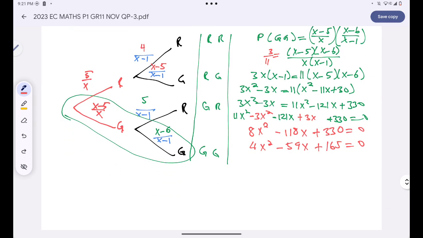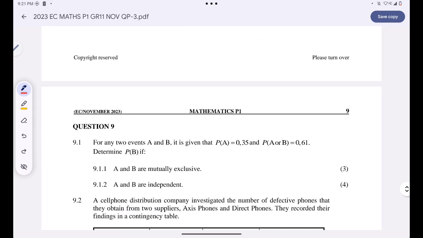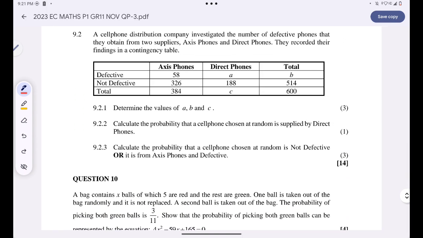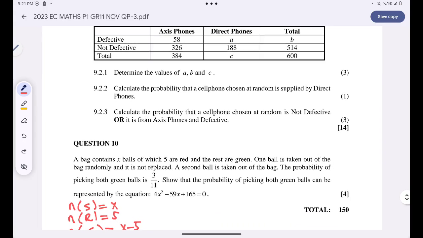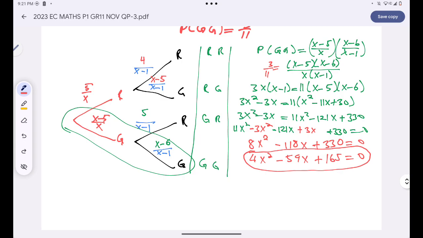So now I've proven that the probability of 2 green balls can be represented by that equation, because that's what I was asked. Are you together? The first thing, guys, I drew my tree diagram, and then I found my possible outcomes, and I know that the probability of getting 2 green balls, I'll get it by multiplying this one and this one.